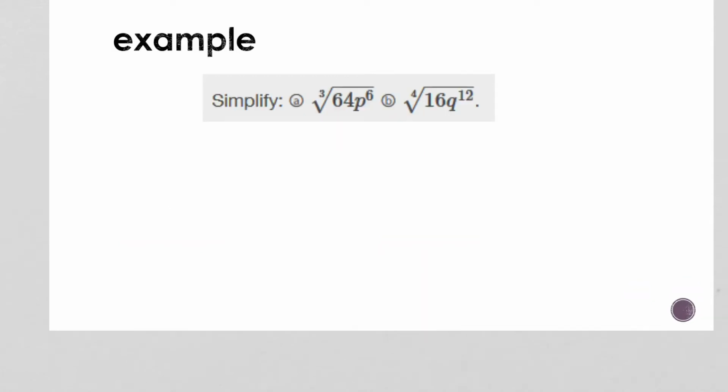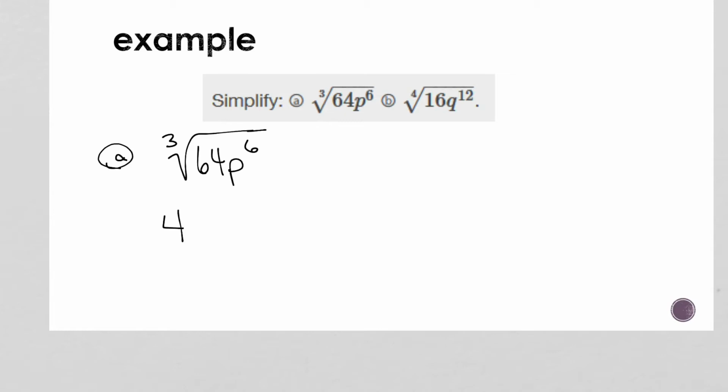For this one, letter A, we've got the third root of 64p to the 6th power. So what times itself 3 times would give us 64? Well, that would be a 4. Don't forget what I taught you about your calculator, how to type that in.